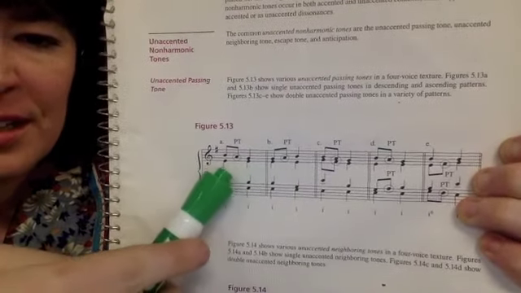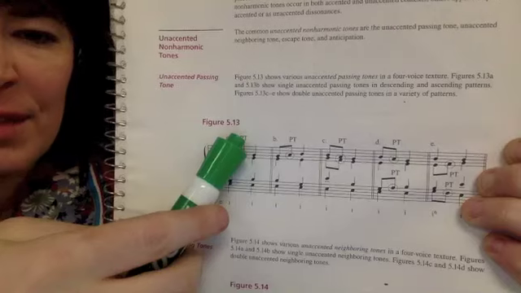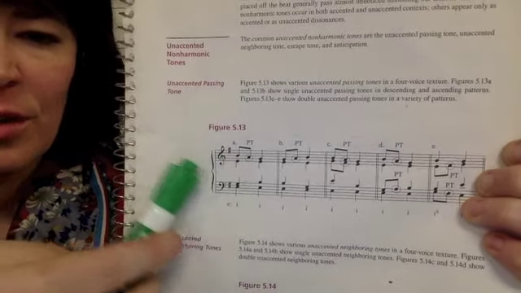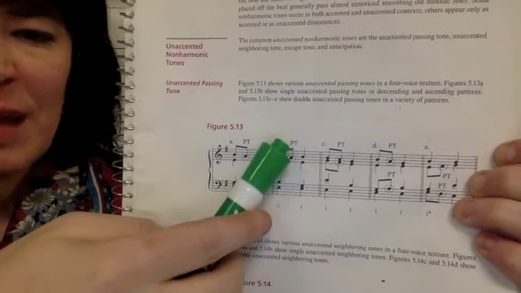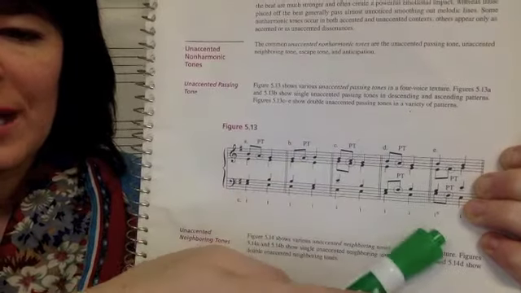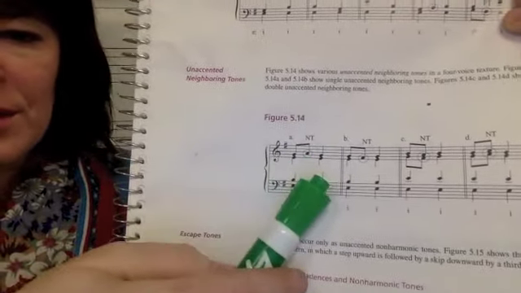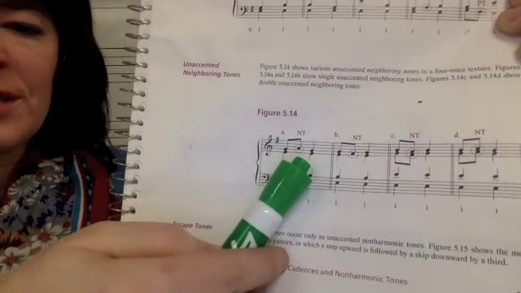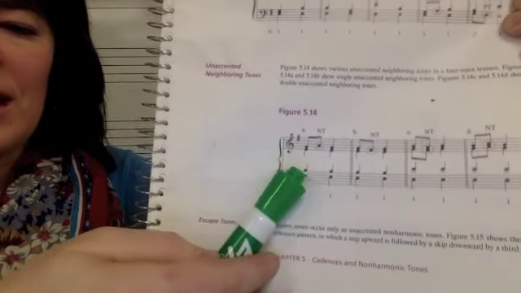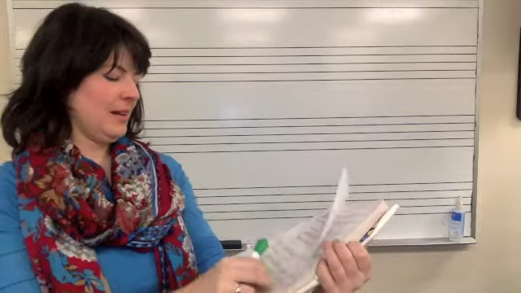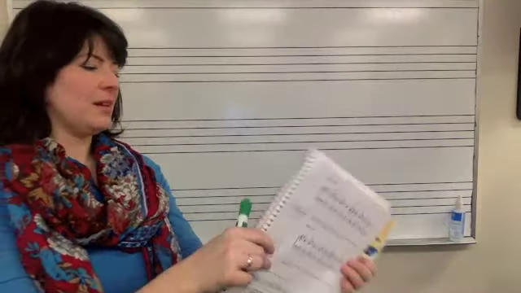They circle it, and then right above it they write passing tone. Or in here, they write passing tone, so these are all passing tones, right? Down here, we've got all neighboring tones. So you just circle the note that doesn't fit, and then you label it neighboring tone. Simple, simple, simple.